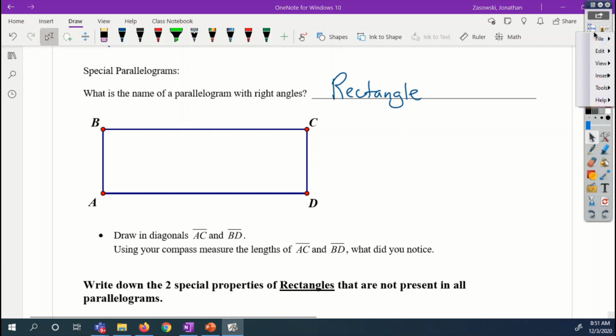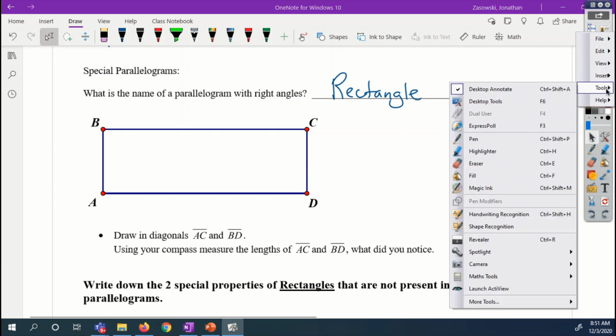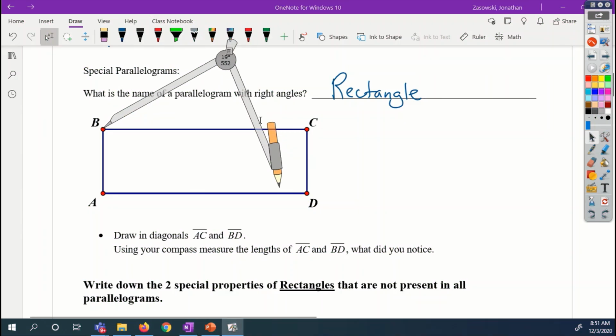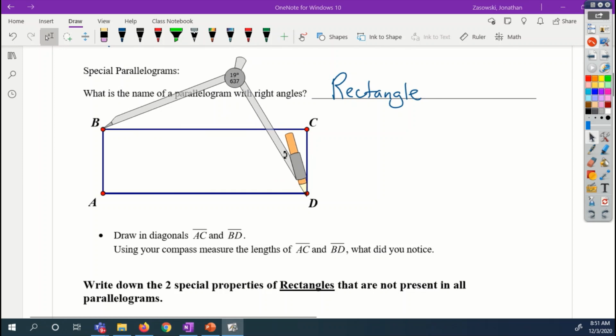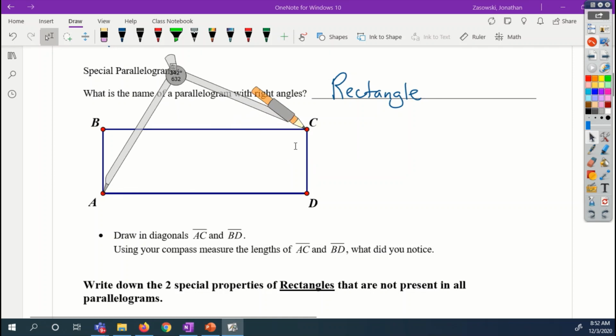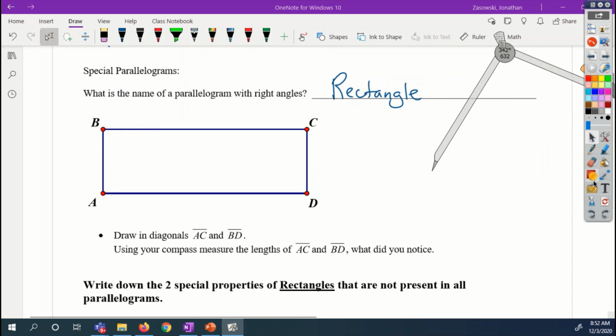All right, so if we use our compass, we can actually measure the distance from B to D. Okay, and we can see that if this is the distance from B to D, we can also use that same length now to measure the distance from A to C, and we'll see that it's the same. So these two diagonals, we know, are going to be congruent.